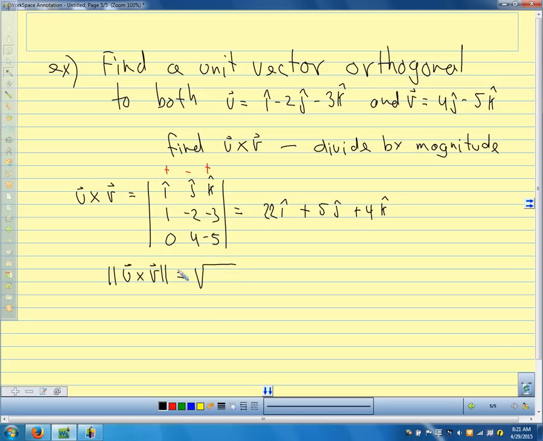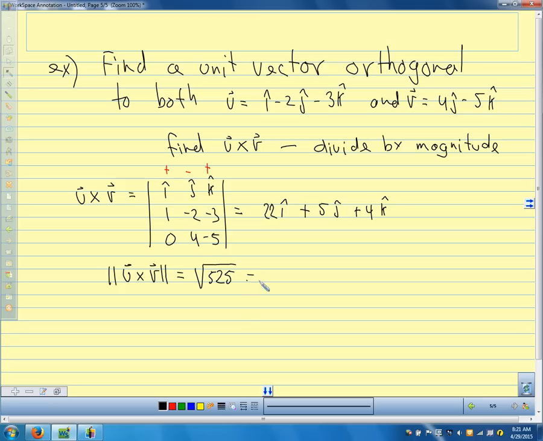What does it come out to? 521? I think we made an arithmetic error here. Anybody else get it? 22 squared plus 5 squared plus 4 squared? 525. Square root of 22 squared plus 5 squared plus 4 squared.